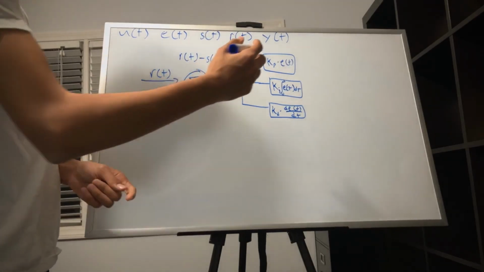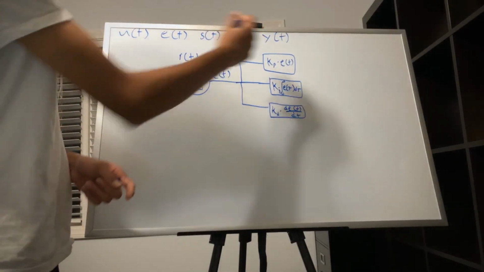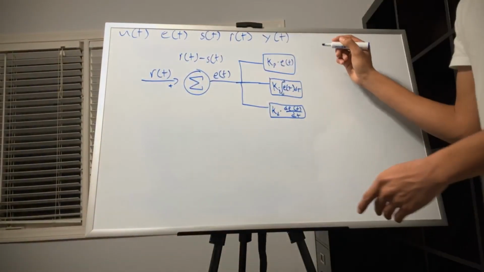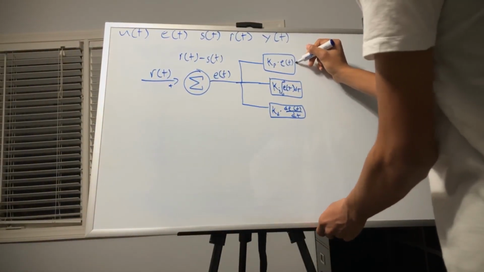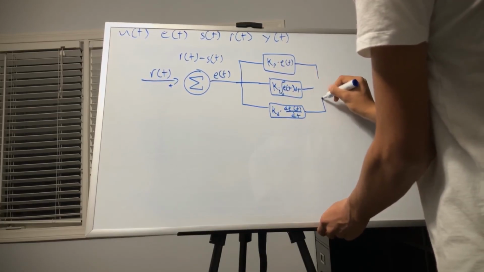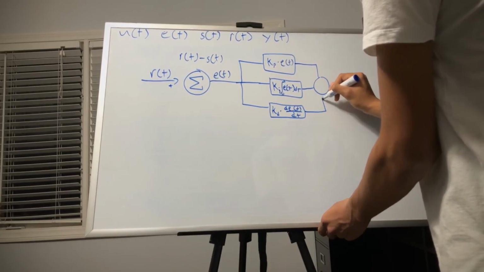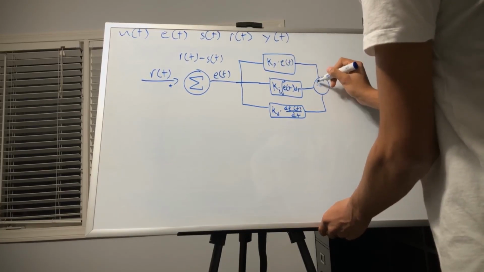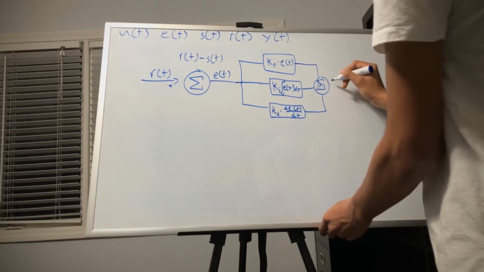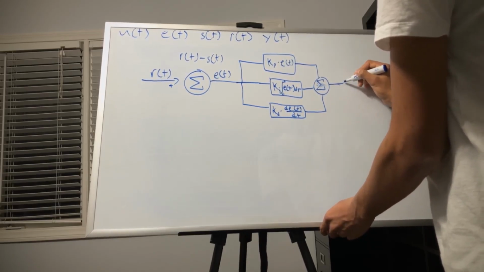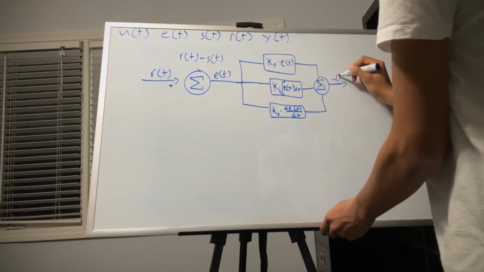So then, after putting this error into the PID controller and calculating our output, it's going to sum up all of these components and produce it as our controller output, our U of t.